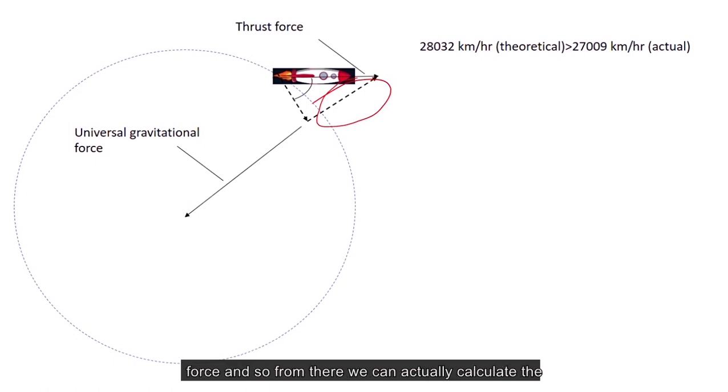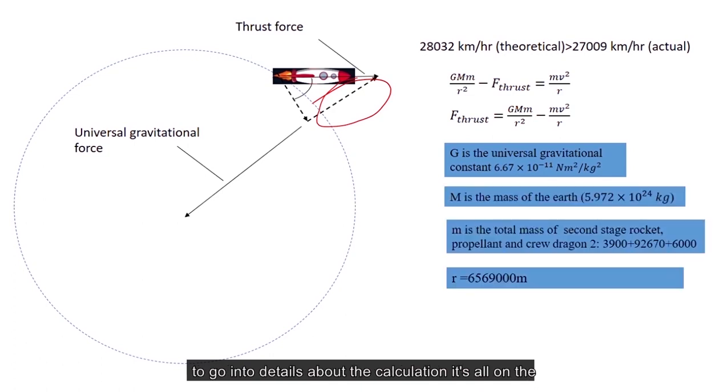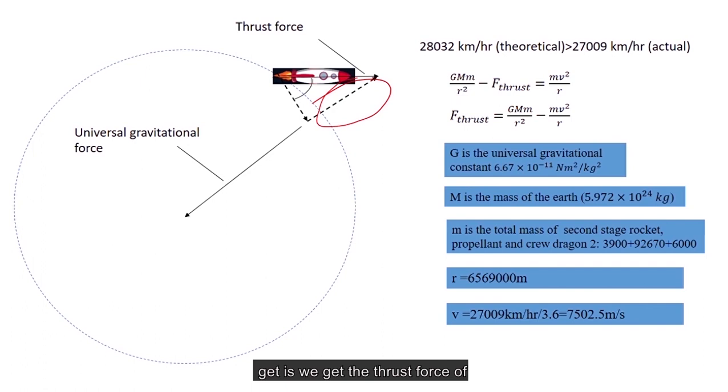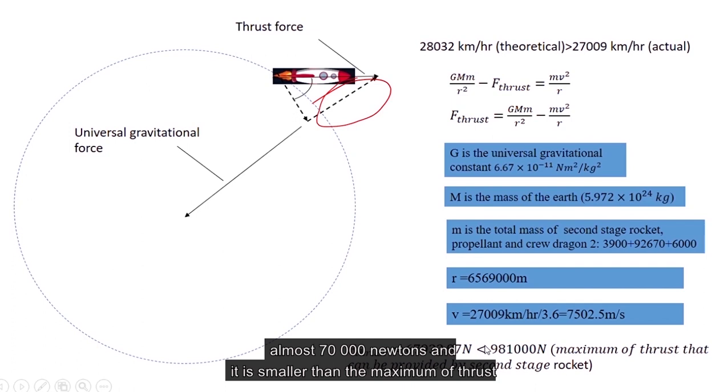And so from there, we can actually calculate the thrust force. And to save some time, I'm not going to go into details about the calculation. It's all on the screen. You can take a look at it if you're interested. But the result we get is a thrust force of almost 70,000 newtons.